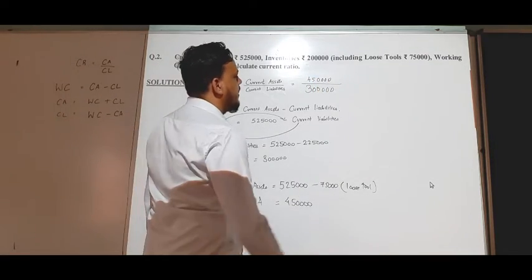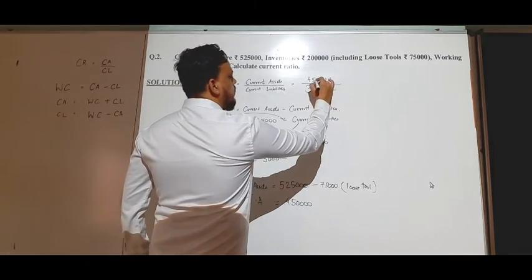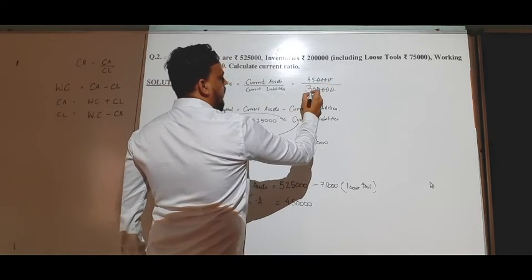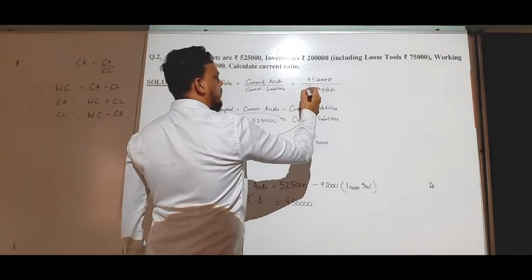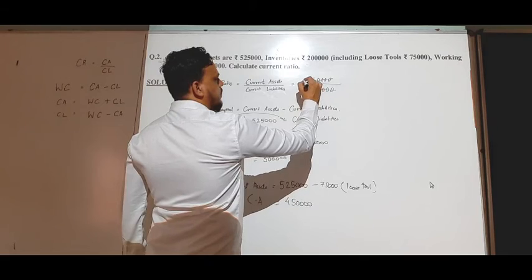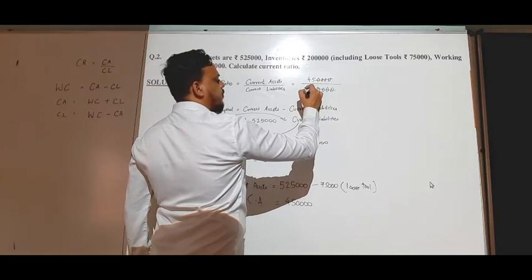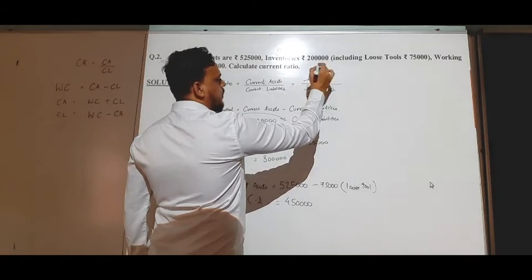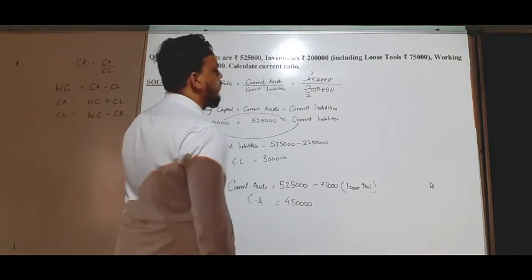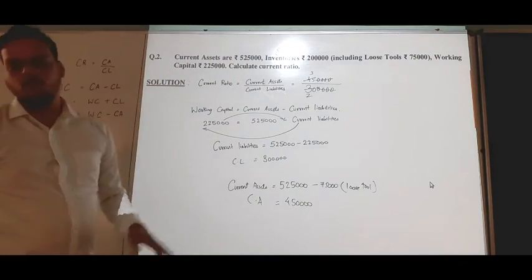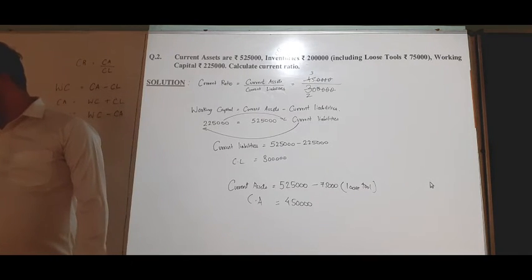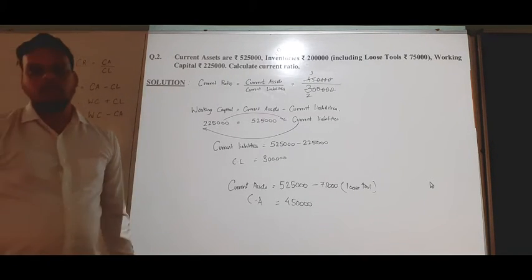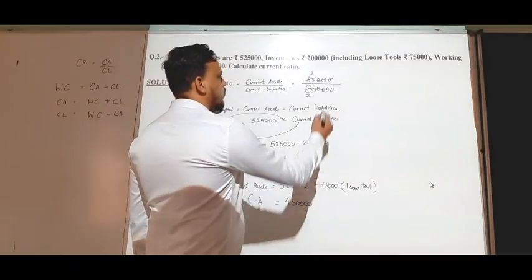So what I am doing, I am writing that on the top, 450000. Then I can cancel all the zeros. Then I will go with the table. I can go with the 5 or 15 table. 15 twos are 30, 15 threes are 45. We can go with this table also. Then I can get the exact figure if I am dividing more.